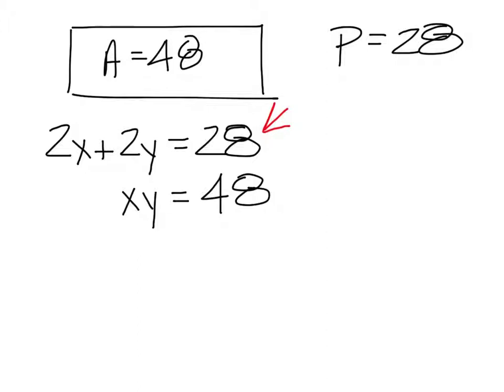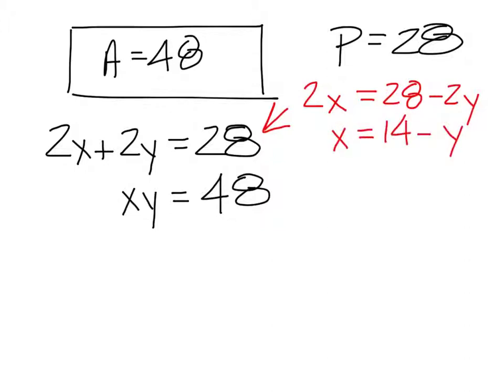Let's solve this one for x and come up with 2x equals 28 minus 2y, and then divide everything by 2. So you have x equals 14 minus y. What do I do with the 14 minus y?